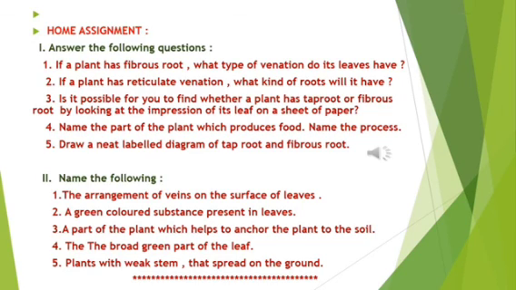Second one, a green colored substance present in leaves. Third one, a part of the plant which helps to anchor the plant to the soil. Fourth one, the broad green part of the leaf. Fifth one, plants with weak stem that spread on the ground.